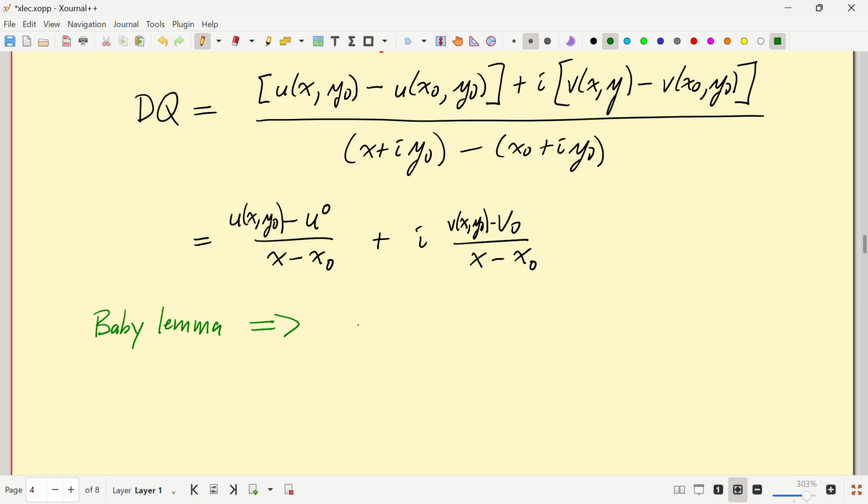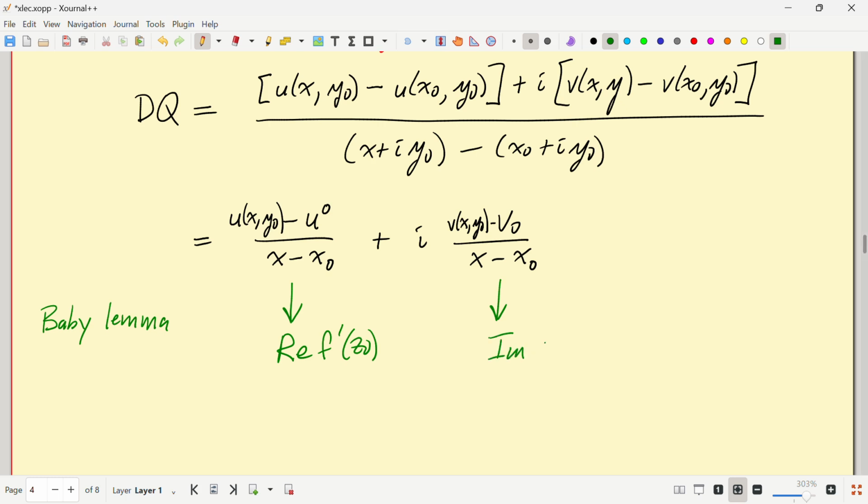This tends to the real part of the limit, and this one tends to the imaginary part of the limit.